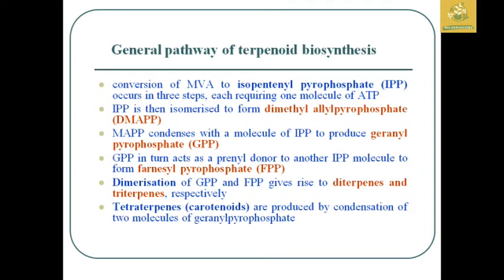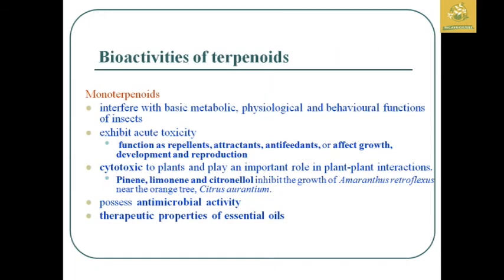So GPP is termed as a prenyl donor to form another IPP molecule from farnesyl pyrophosphate, which is FPP. So the dimerization of GPP and FPP gives rise to diterpenes and triterpenes respectively. So the tetraterpenes, carotenoids, are produced by the condensation of 2 molecules of geranylgeranyl pyrophosphate, which is produced from the above terpenoid biosynthesis process.